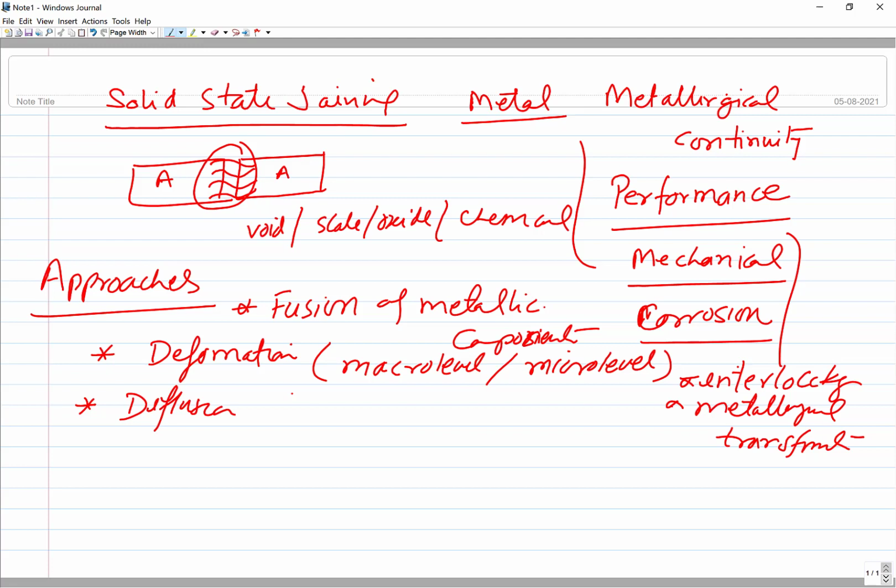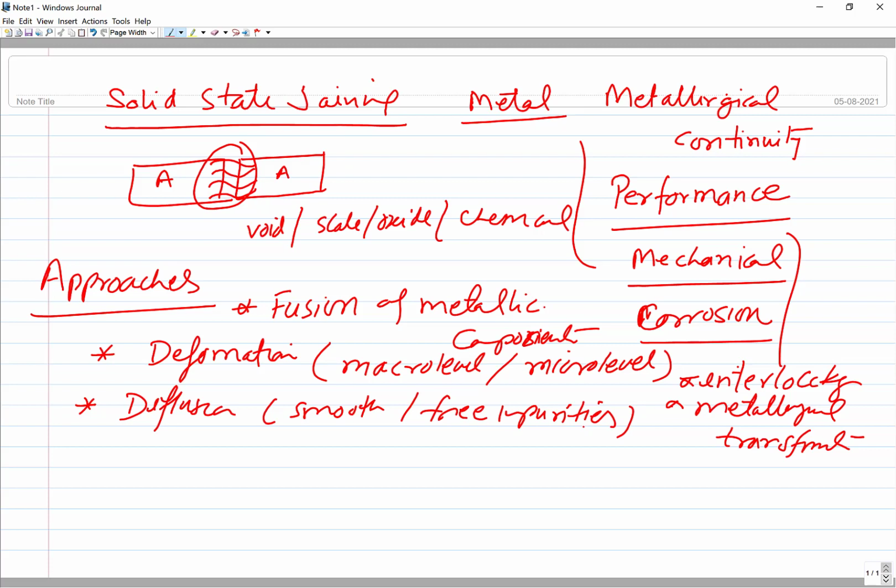If you don't have the facility for high temperature, maybe after a few months you may find that a joint has been developed. For diffusion, the only requirement is a very smooth surface, free from impurities, primarily the oxides, the oil or the absorbed gases present at the surface.